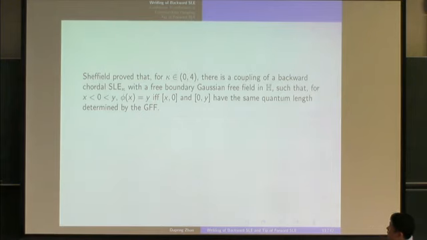Sheffield proved that for kappa less than 4, there is a coupling of a backward coordinate SLE kappa with a free boundary Gaussian free field in the upper half plane, such that for x less than 0 less than y, phi of x equals y if and only if the intervals [x,0] and [0,y] have the same quantum length determined by the Gaussian free field, the usual quantum length.